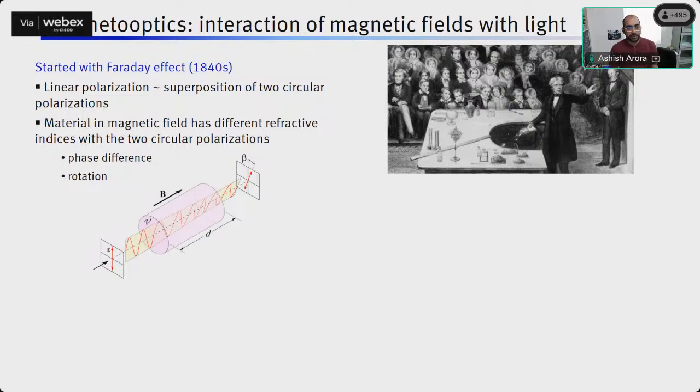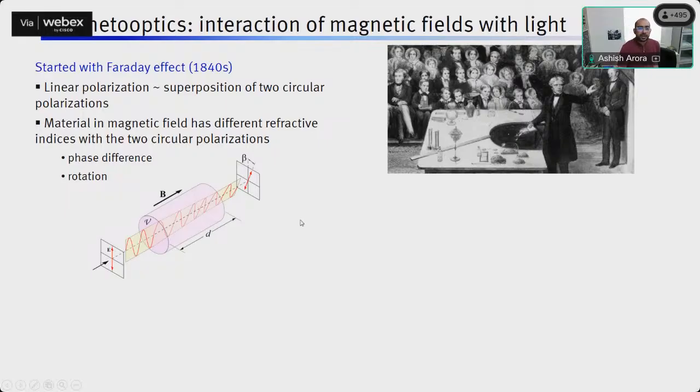Meaning the material offers a different refractive index to the right and left circular polarization. Due to this different refractive index, there is a phase difference between the right and left circular components. Once the superposition state of the right and left components comes out of the material, the phase difference leads to a rotation. One can calculate easily that this phase difference leads to a rotation of the plane of polarization. So this effect is called the Faraday effect.